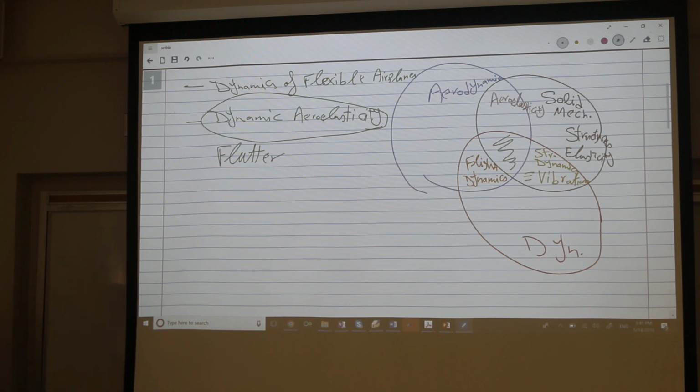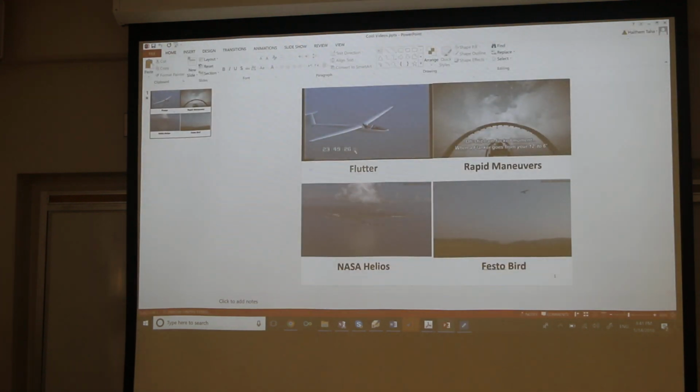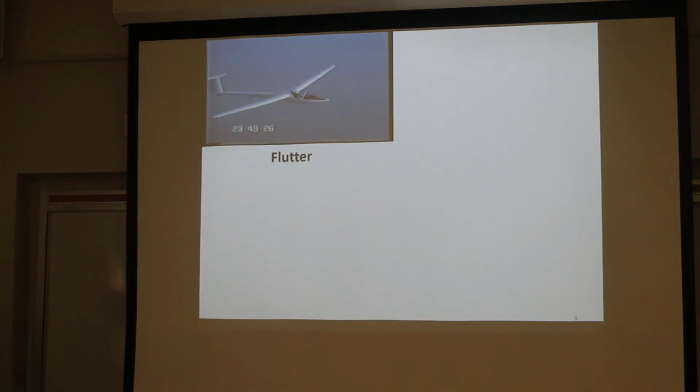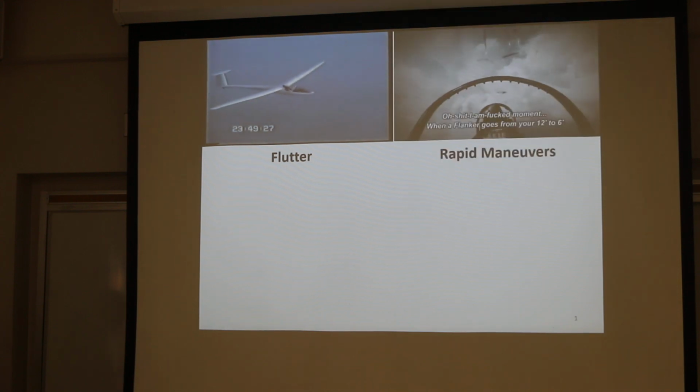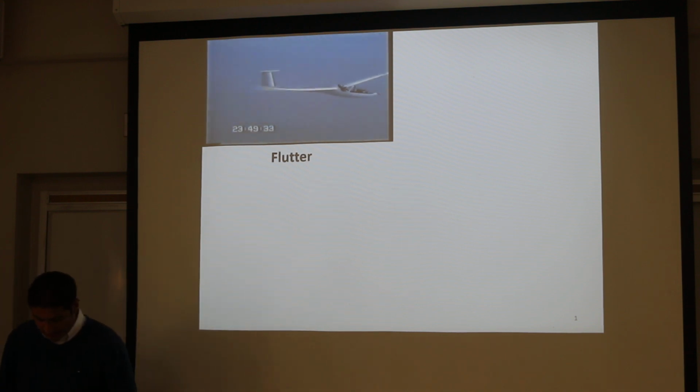which is, beyond a certain speed, the wing simply flutters. And I guess I already showed you a video in the first lecture about this. You can see the wing flutters.